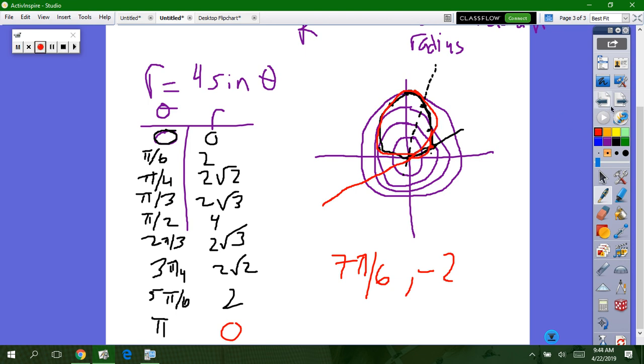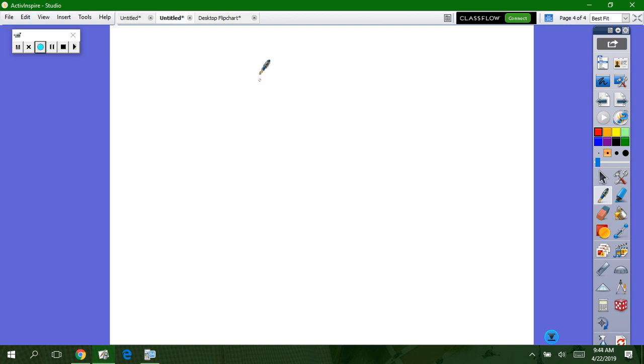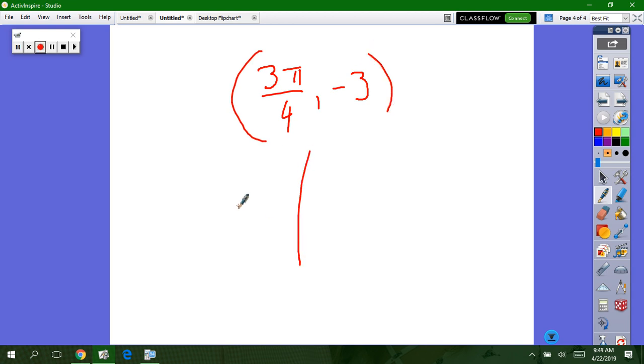So let's do another example really quick on how you would do a negative radius. So if I had 3 pi fourths, comma, -3, how would I graph that? Well, my radius is 3, so there's 1, 2, 3. Everybody got that, right? Then we draw where 3 pi fourths is. You guys agree that's 3 pi fourths?